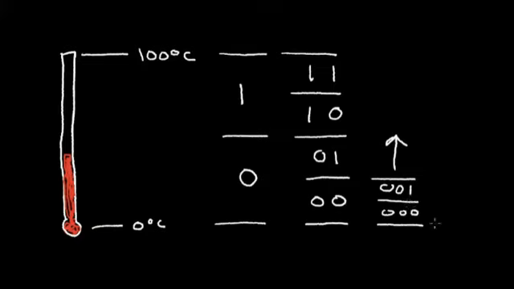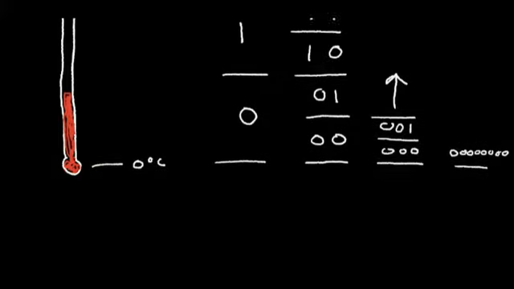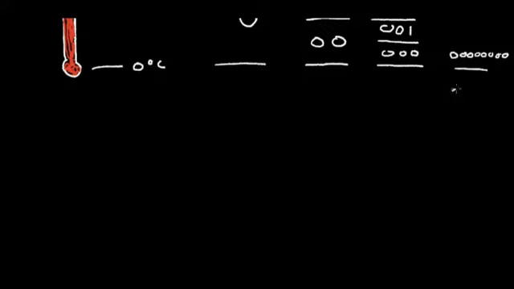But let's presume I really want a better thermometer. So I'm going to have 8 bits of data: 1, 2, 3, 4, 5, 6, 7, 8. And now I can get a very fine resolution. In fact, with 8 bits of data, I can get 2 raised to the 8th power, which is 256 resolutions.